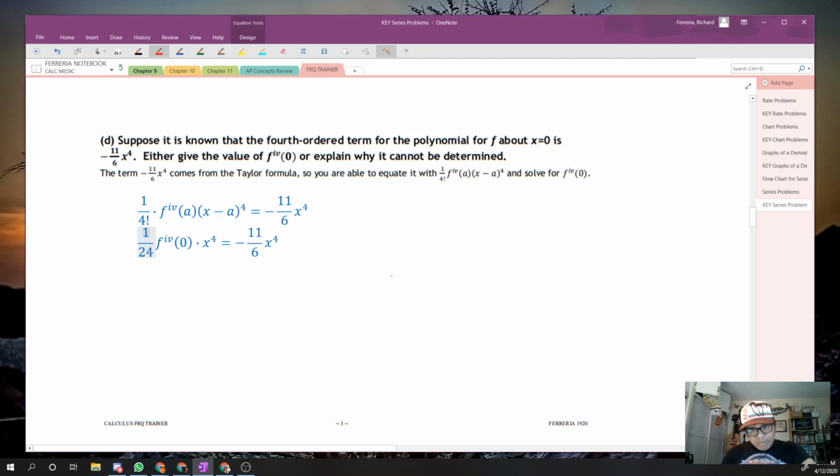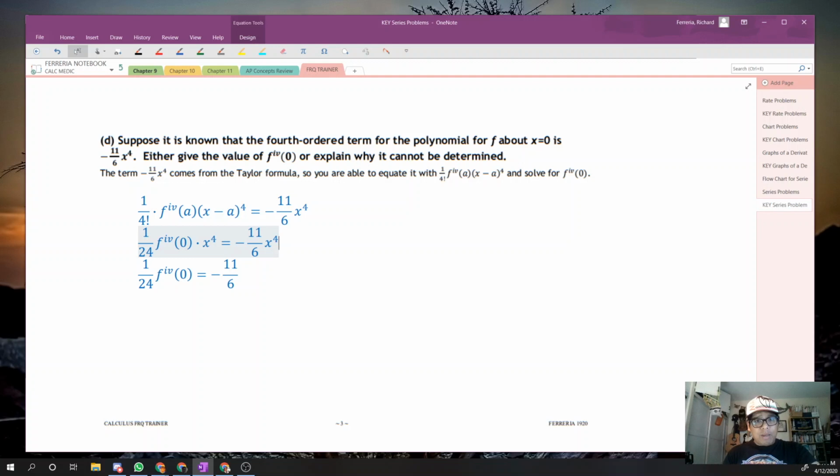Now that I have this expression, I can clearly see those x to the 4's match. So that means that their coefficients also have to match. So 1 over 24 multiplied by the fourth derivative at 0 has got to be equal to negative 11 over 6.